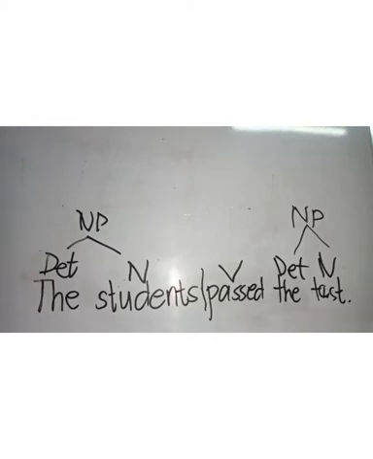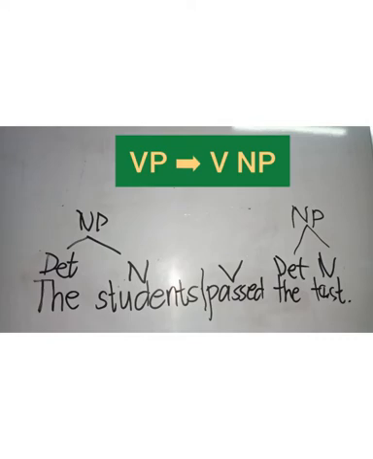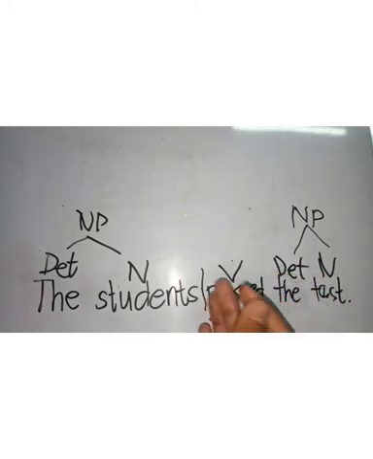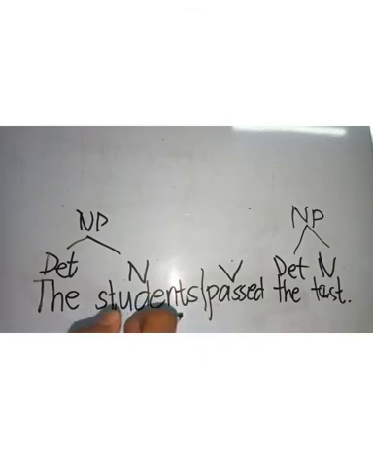Now phrase structure rule number 3 is saying that a verb phrase should have a verb plus a noun phrase. So you don't see a verb here. So we deal with the part that has the verb. So this part here does not have a verb because that's the subject. So a verb phrase is on the predicate side.